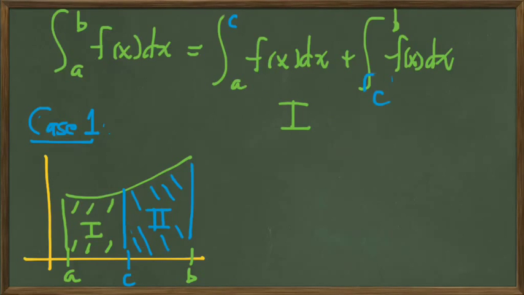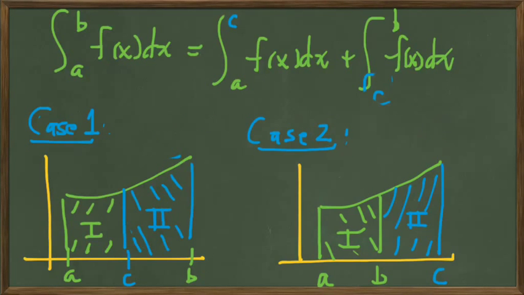And the second integral between c and b of f of x dx has the area identified in this picture as region 2. And so it's easy to see that a to c is region 1's area, and that c to b is region 2's area. And so that justifies this result in this case.